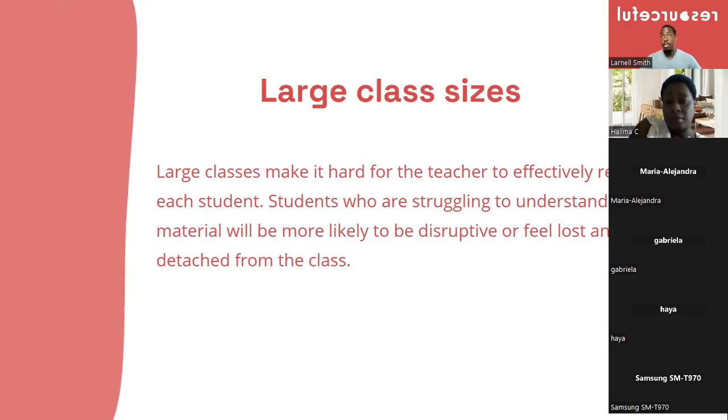If you think of your own classes, when students are being disruptive, most of the time it's because they don't understand, right? They feel lost and detached from the class. So just the fact that you have a large class is one of the biggest barriers, I think, to classroom engagement. We'll look at how we can mitigate that in just a moment.